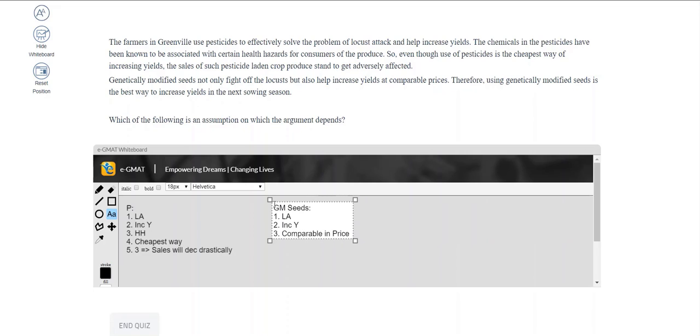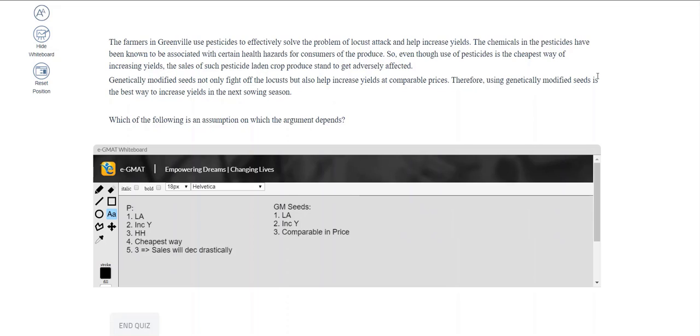With whom? With P. So what we get from this is that genetically modified seeds provide the same benefits as pesticides, and they come at a comparable price point, that is they pretty much cost the same. Pesticides have a health hazard component that the author has clearly stated. So let's move on.